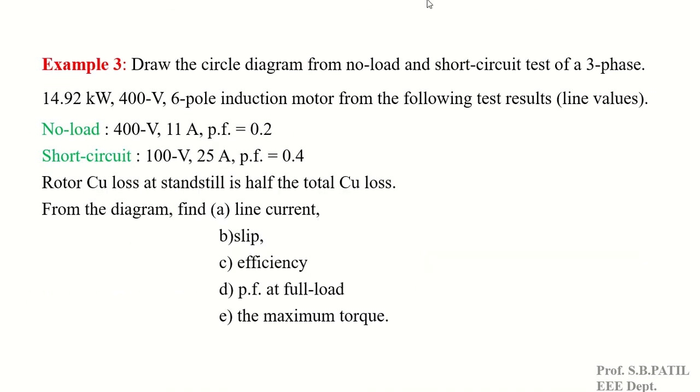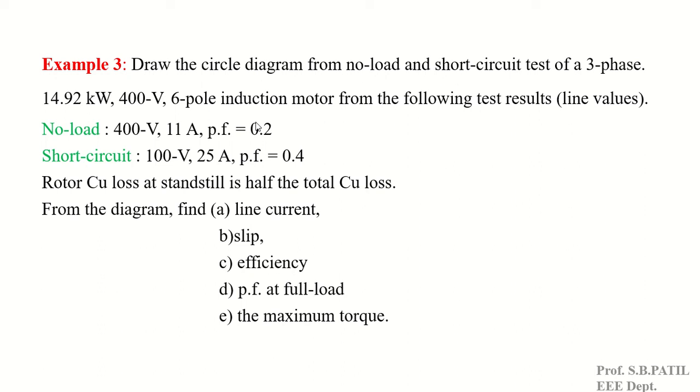Similarly, you have to draw one more example. This is the next example. Here also they are given the no load data and blocked rotor data. Here he has not given the no load power and short circuit power.